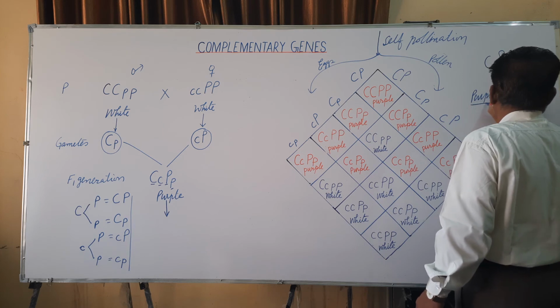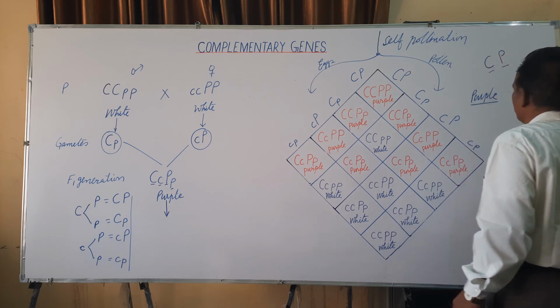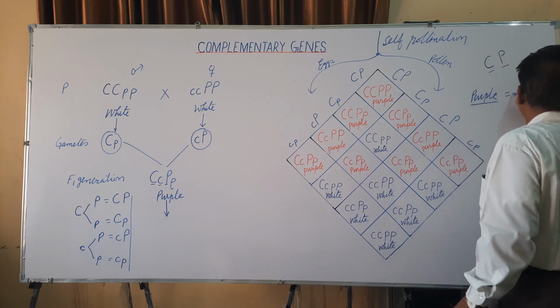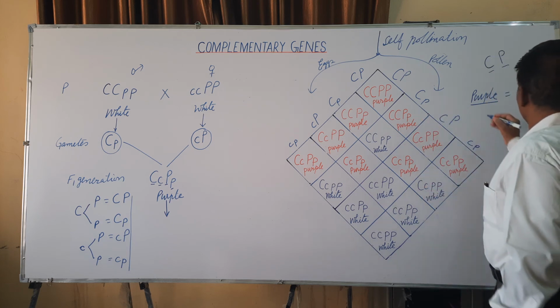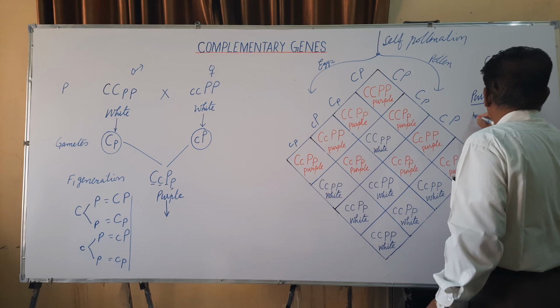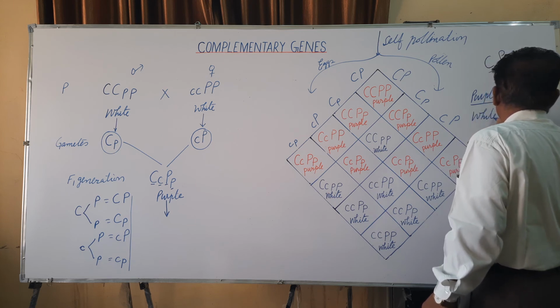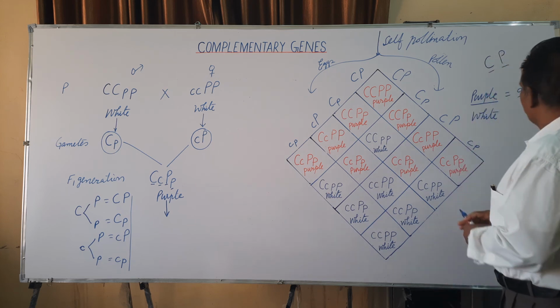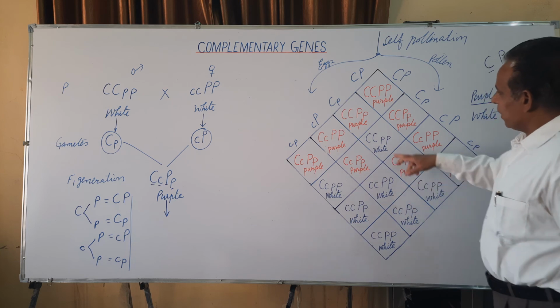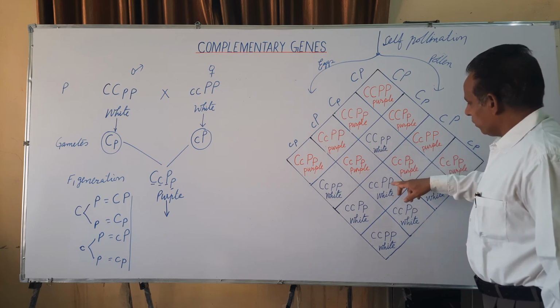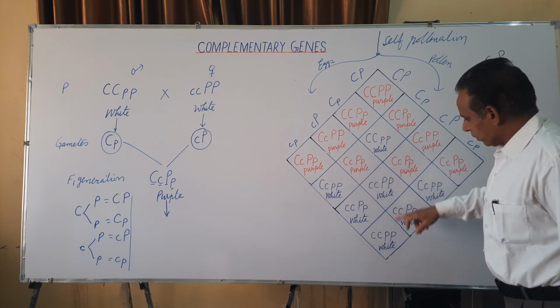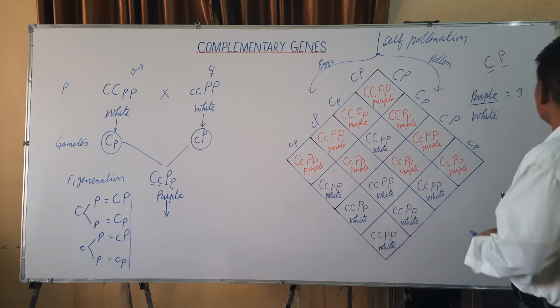So the proportion of the plants having purple grain is 9 out of 16, and the remaining plants possess white grain, because in these plants either dominant C is present or dominant P is present or both are present in the recessive condition.